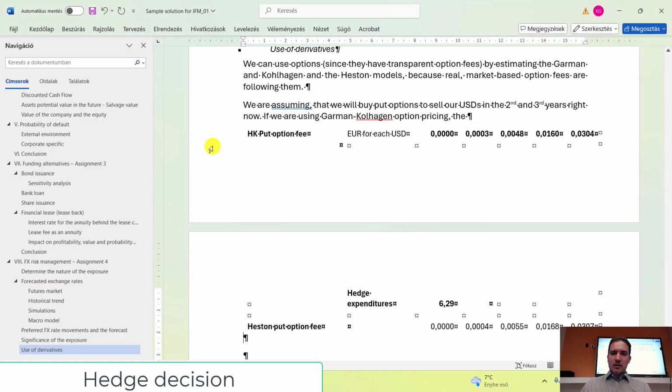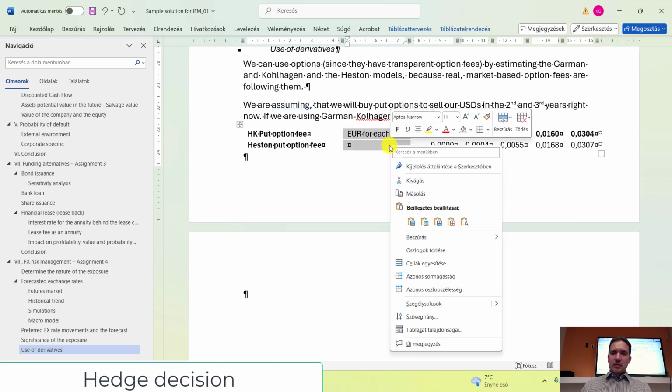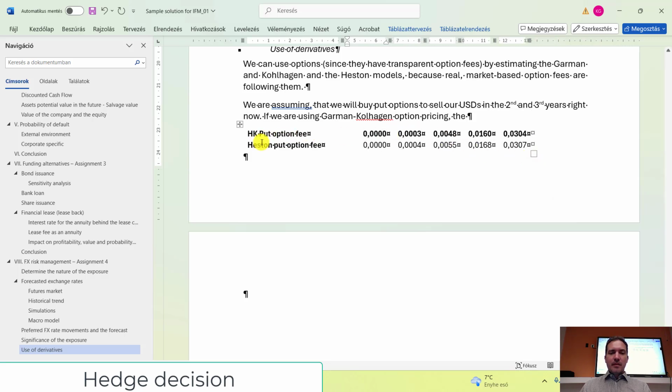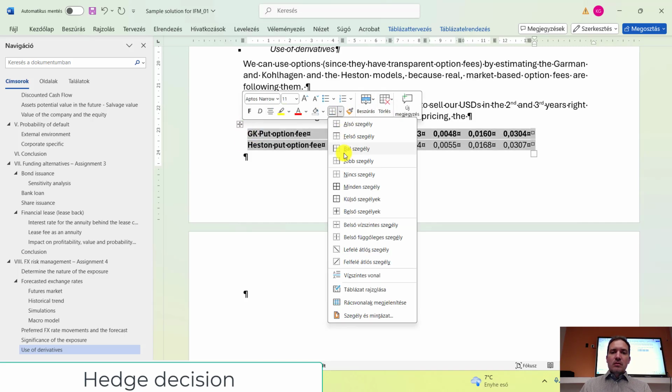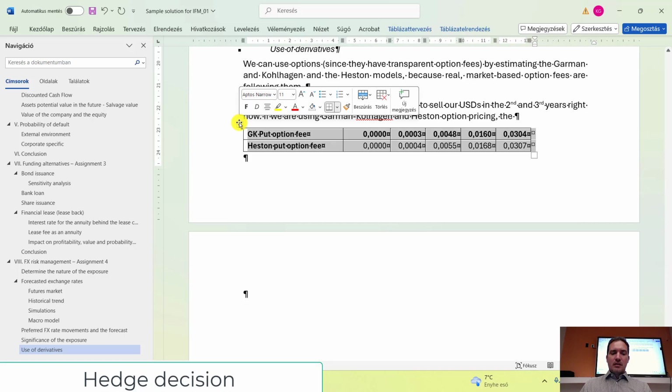Can I put here as, okay, let's remove the rows, let's remove this column, and now we have the, and also create Kohlhagen and Heston option pricing, and we don't need BUD.